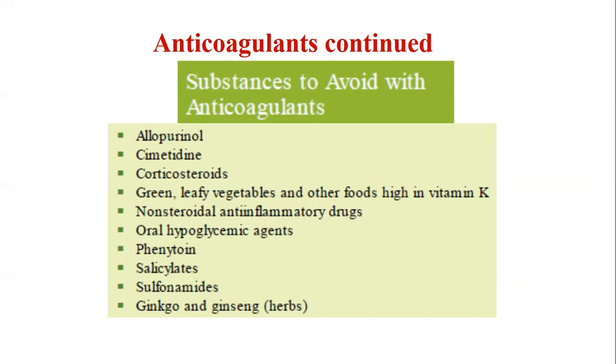Also, it is important to educate them to avoid over-the-counter medication and herbal products. Particularly with heparin, it is important to monitor PTT and INR. If your patient takes coumadin, it is important to monitor PT and INR.